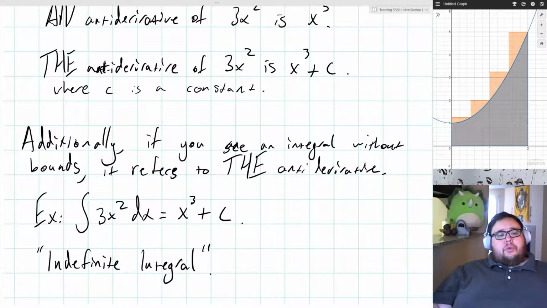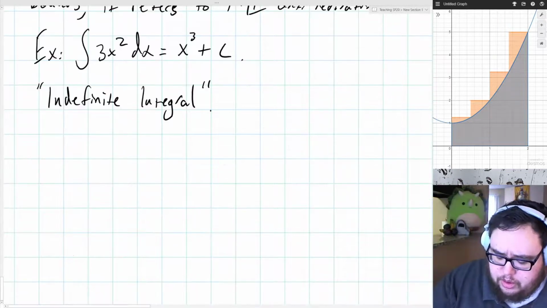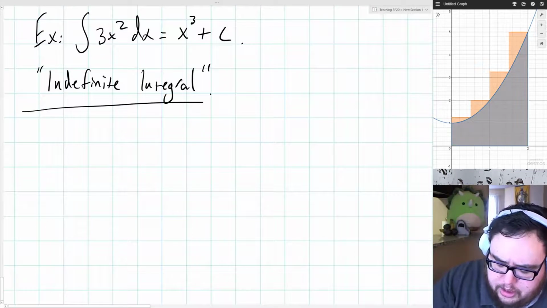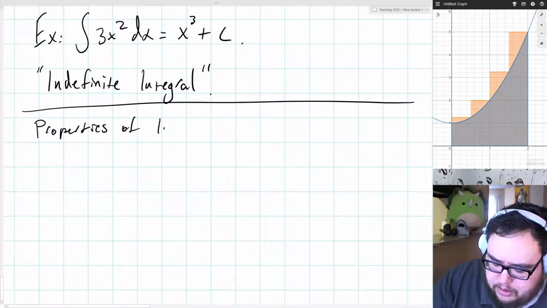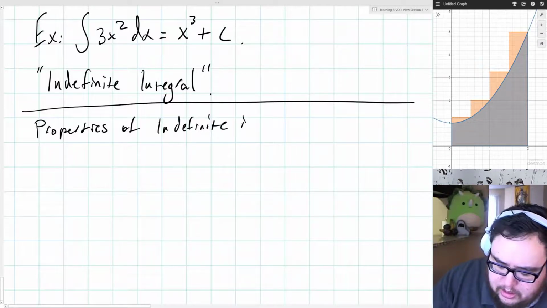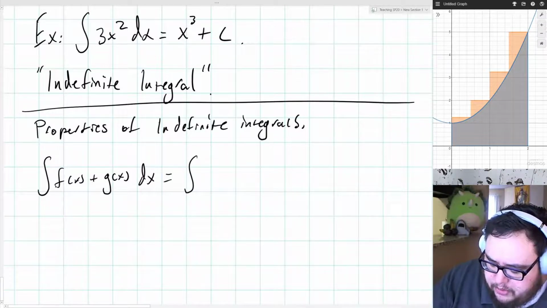So there are some rules for antiderivatives that behave the same way that derivative rules do. So let's say properties of indefinite integrals. If you take the integral of some function plus another function, then that's just the integral of the first function plus the integral of the second function.